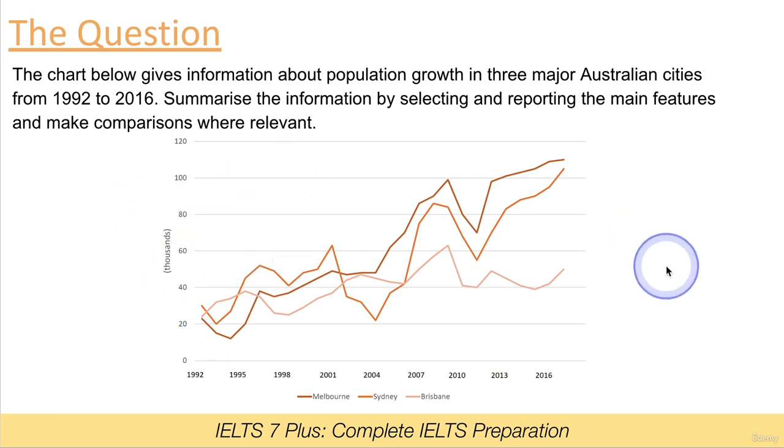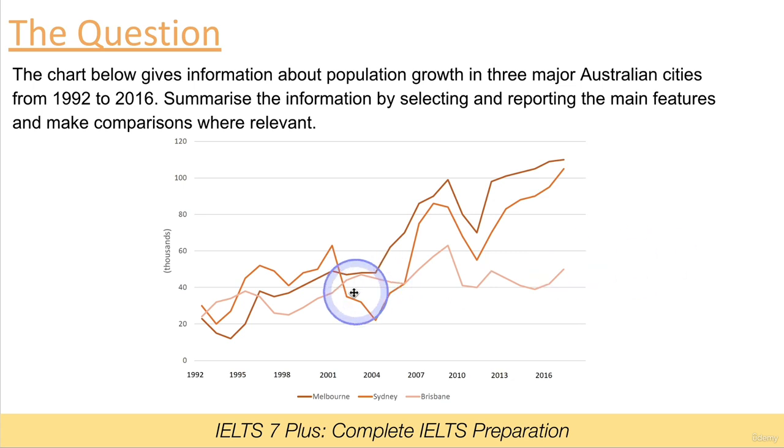Okay, so initial thoughts then. Well, all cities have more people by 2016 than they do in 1992, that's for sure. Any other observations? In particular, Melbourne. Brisbane has a lot less in general than the other 2 cities.